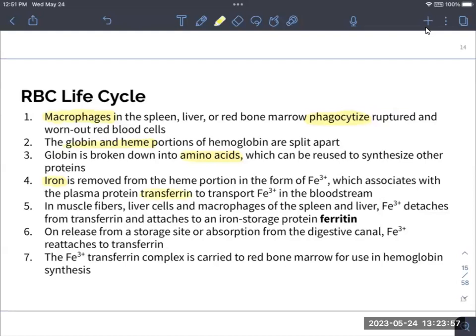That transferrin floats and travels in the plasma. A lot of these proteins that travel in the plasma have something else attached to them, as we learned in the last chapter on the endocrine system, because it makes it a lot easier for these different ions, hormones, and chemicals to travel through the blood. So iron gets put on that transferrin and transported through the blood.